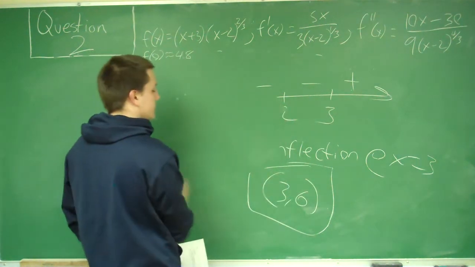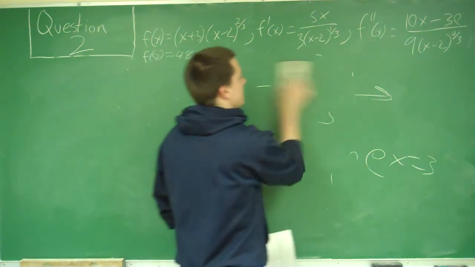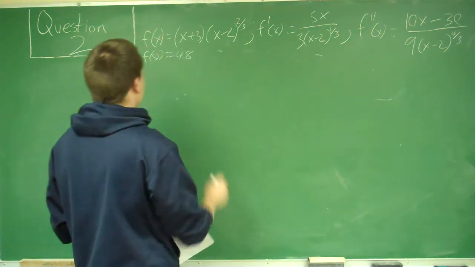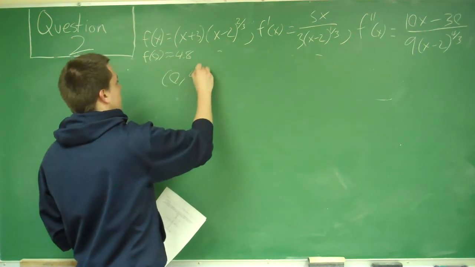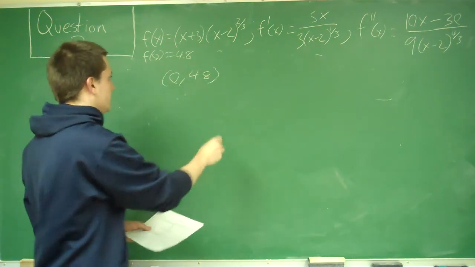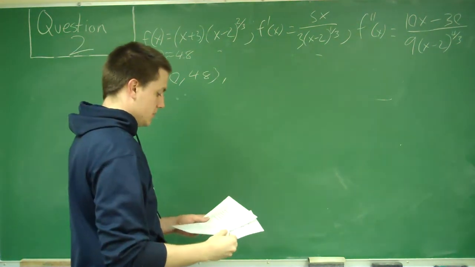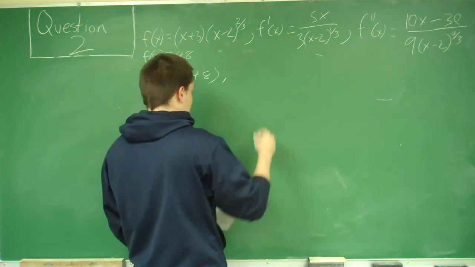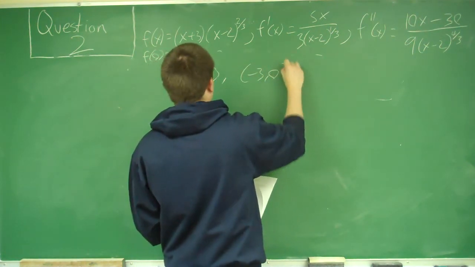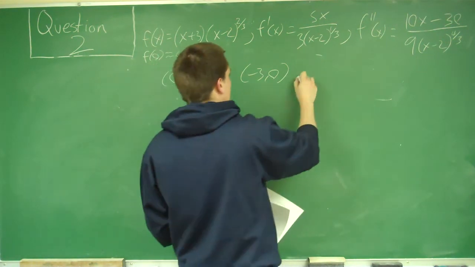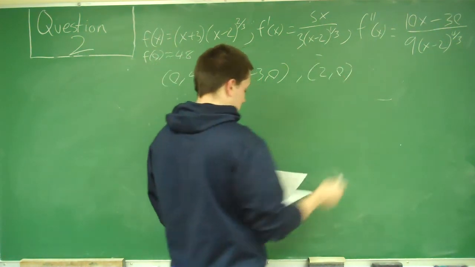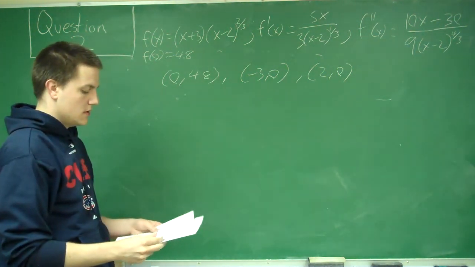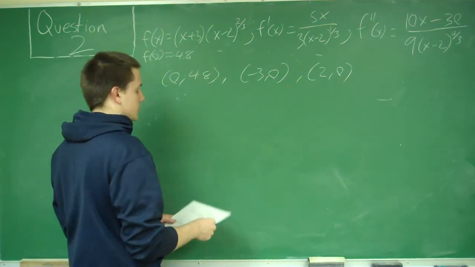So we're going to use everything we've done up until here to do that. So let's just remember what points we know are on the graph. We know 0, 4.8 is on the graph. That was given. Alright, from part 1, we knew the x-intercepts were -3 and 2. So we know -3 comma 0 and 2 comma 0 are going to be on the graph. Okay, and then also we know where it's increasing and decreasing from those line charts.